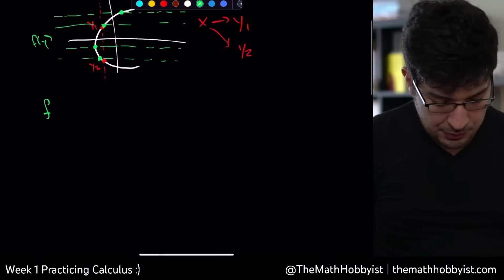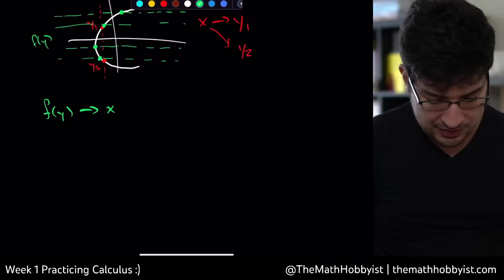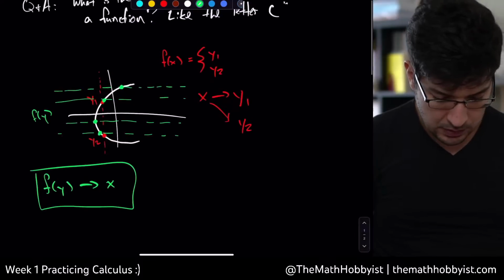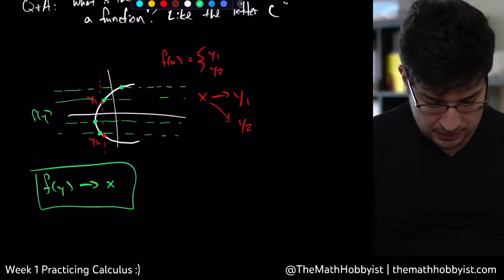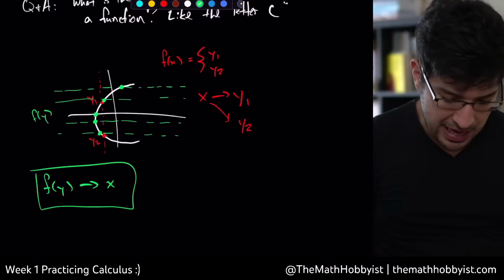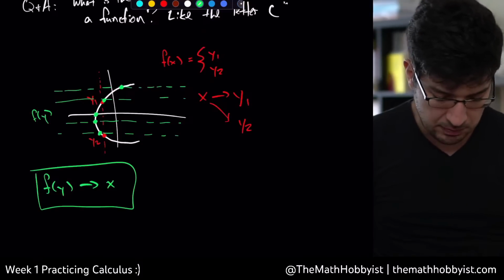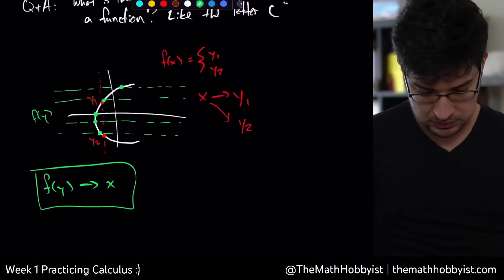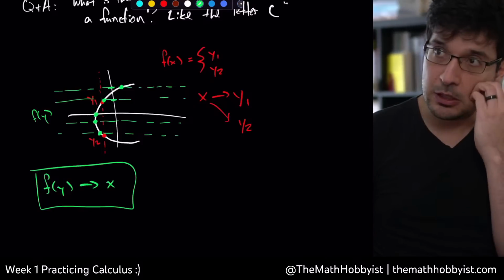In this example that you gave, f of y does always map to exactly one x value. Like when y is 0, maybe x is -2 or something. When y is 2, then x is 2. I don't know, I'm trying to estimate what these tick marks are.